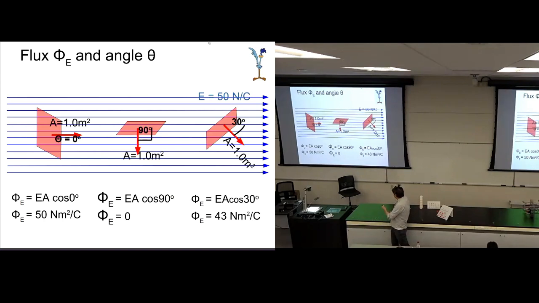This surface in red here has the same size on the three surfaces. So it's exactly the same size surface, it's exactly the same size field, but it's not the same flux through the surfaces. It's very different fluxes through the surfaces because the relative orientation of field and surface are different in these particular cases.